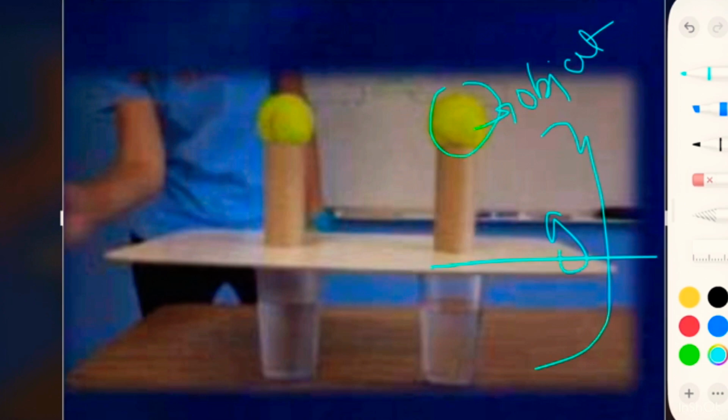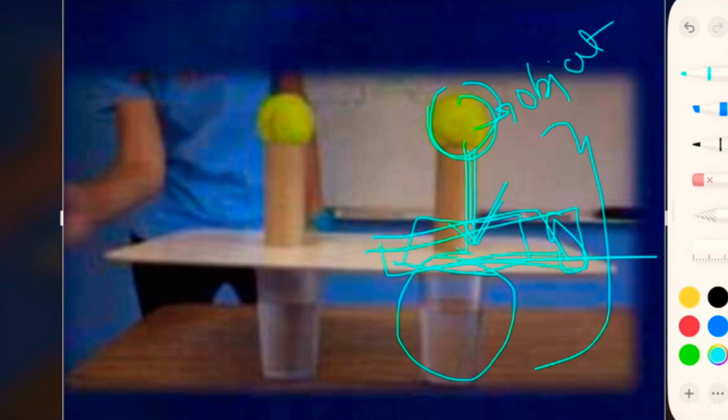The ball is dependent on the cardboard; it is not flying in the air. The board is dependent on the glass. The dependence of the ball on the board is taken away, so that time the ball falls in.